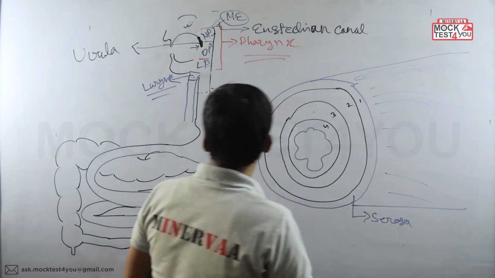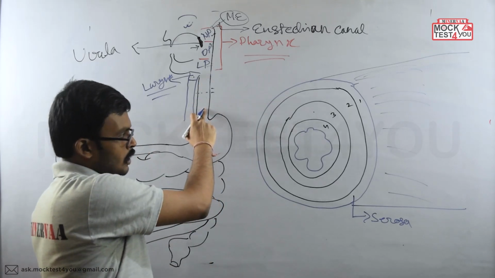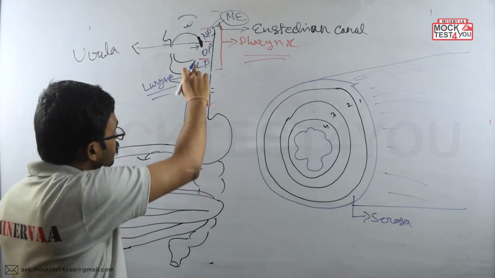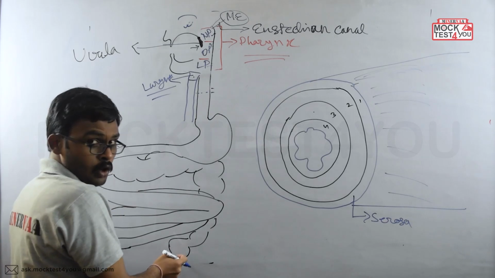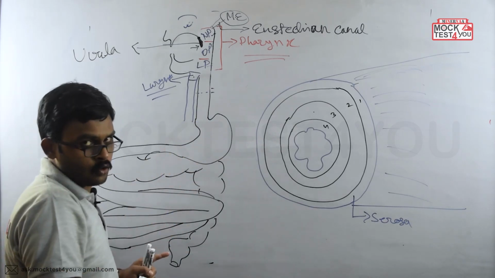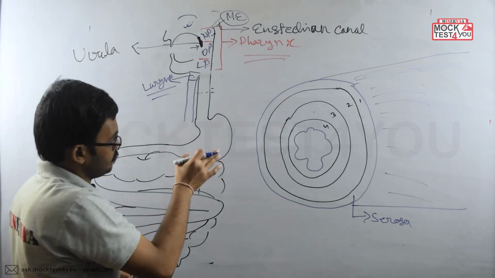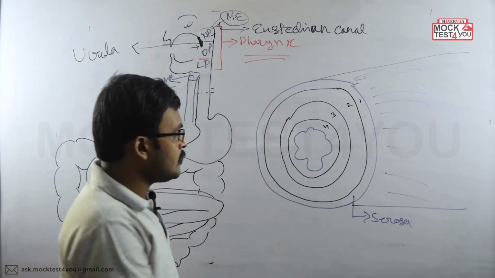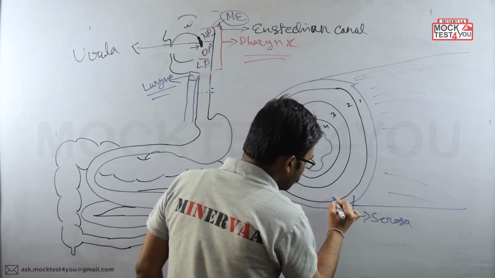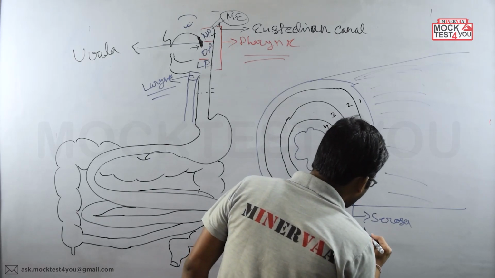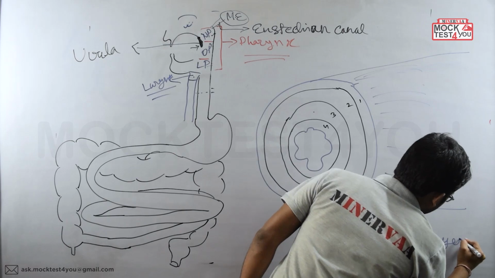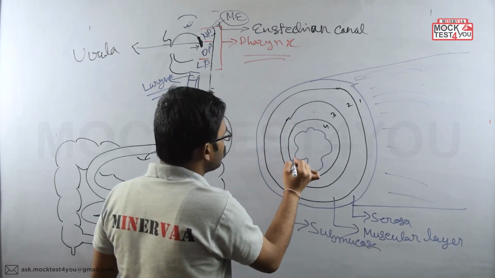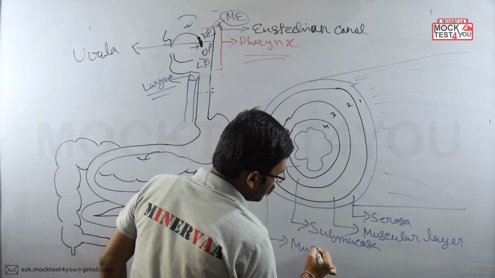One more thing I should say: these 4 layers we will get throughout the alimentary canal after this, starting from here up to the anal canal, everywhere we get these 4 layers. From outside to inside we get serosa, then the next layer is called the muscular layer, then the third layer is known as submucosa, and the innermost layer is called the mucosa.